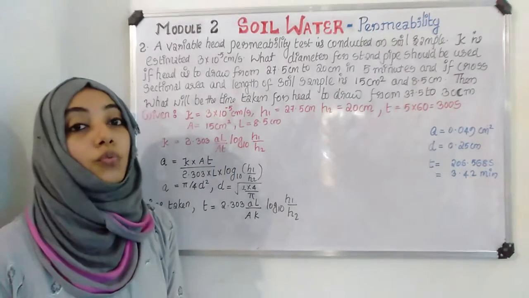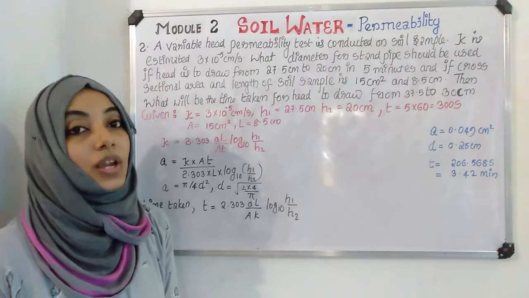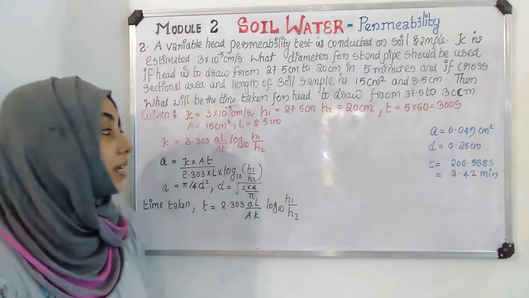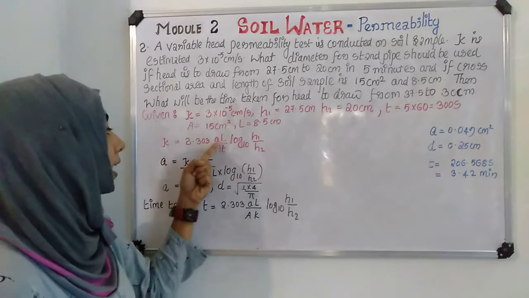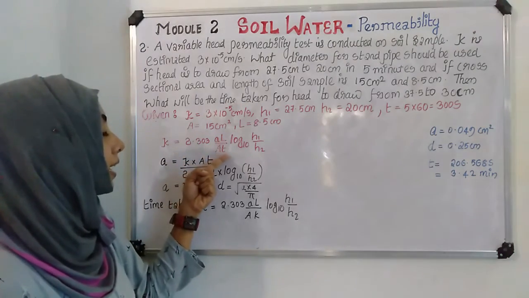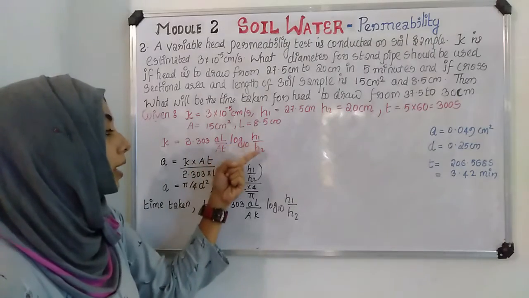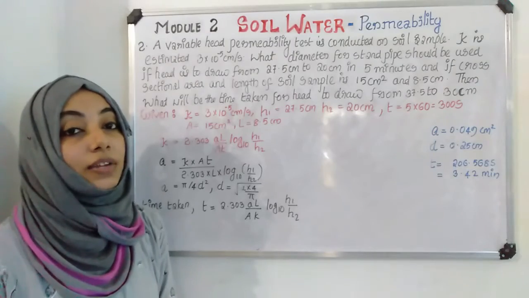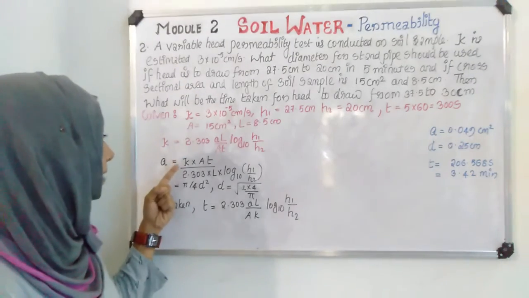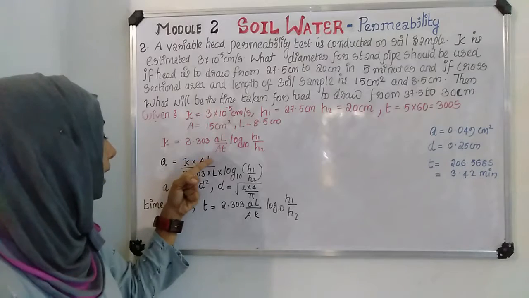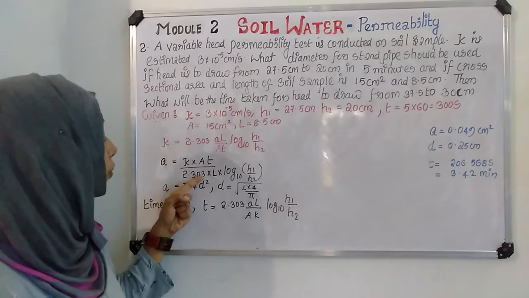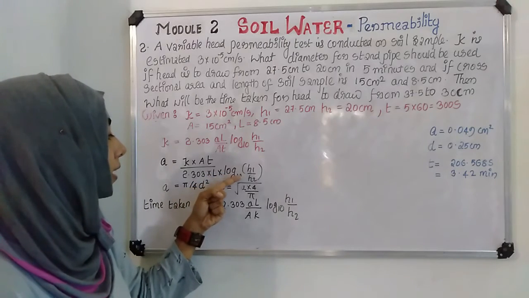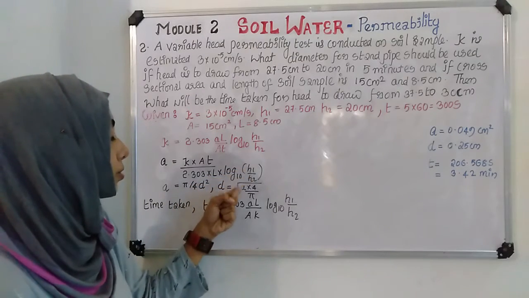Then according to the variable head permeability test, we have the expression for coefficient of permeability: K is equal to 2.303 AL divided by A t into log base 10 H1 by H2. From this we can write the area of the standpipe, small letter a, is equal to K into A t divided by 2.303 into L into log base 10 of H1 by H2.